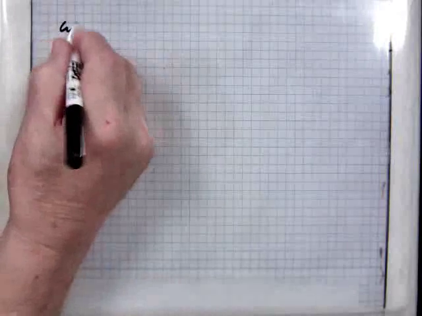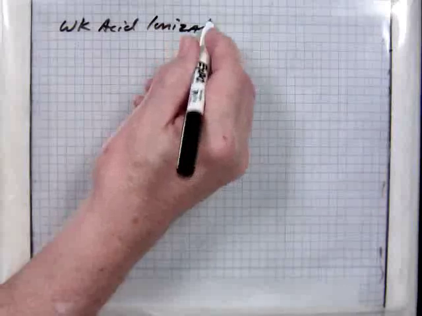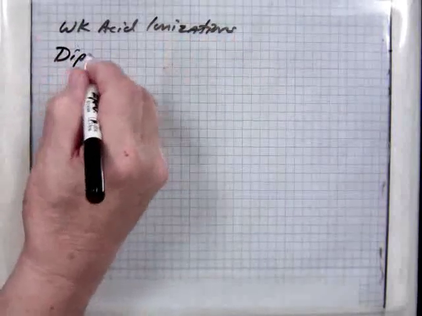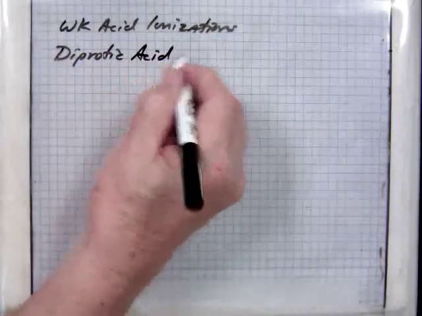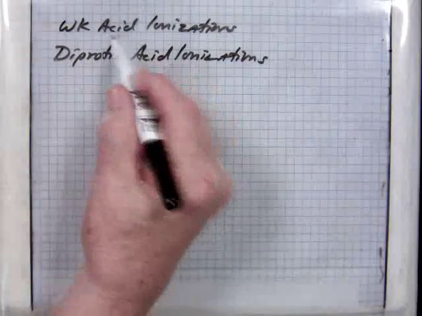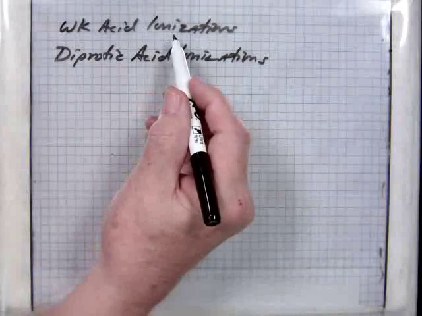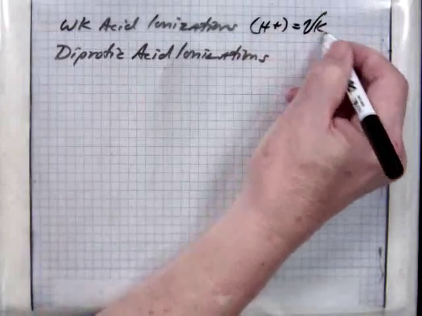Okay. We've looked at weak acid ionization. And we've looked at diprotic or polyprotic acid ionizations. And what you need to do is sort out in your mind what you need to use in the analytical end of this. Now, the acid ionizations up here are exclusively hydronium ions, which is the square root formula.